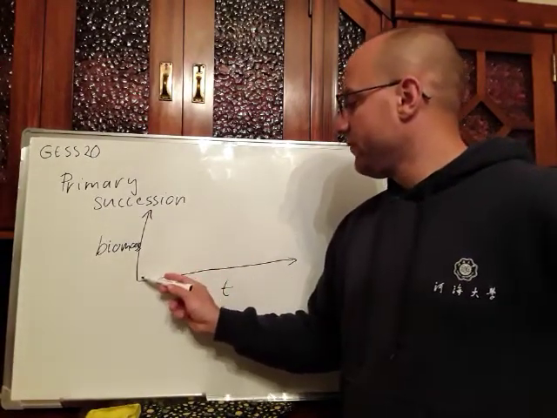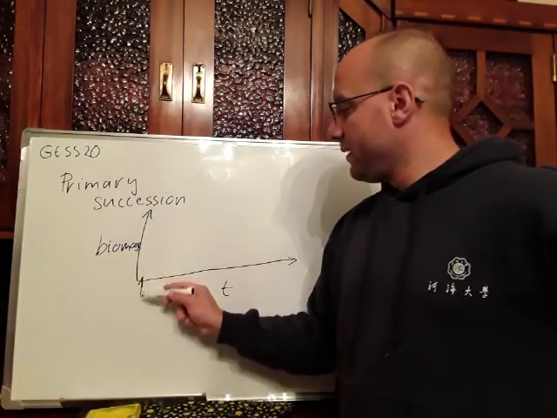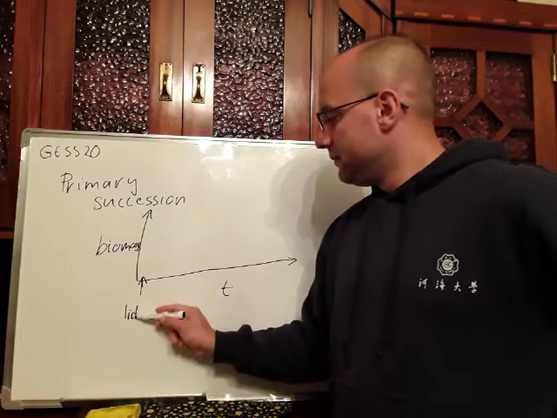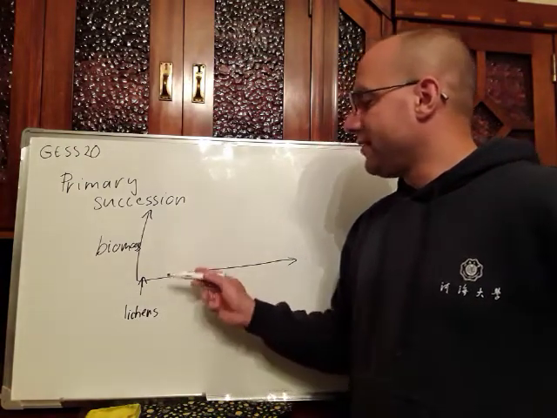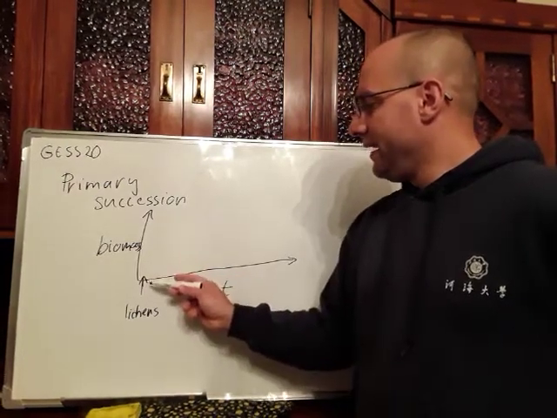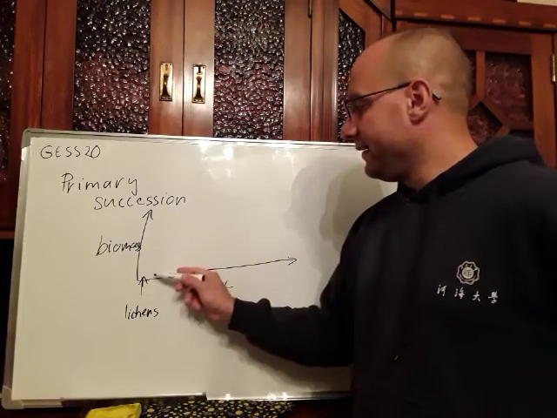And so we could first say that there would be a moment in time when we have many lichens, but that doesn't last long. Maybe it's just a couple of years where we had lichens. And in terms of biomass, it's very low. Lichens are really tiny.